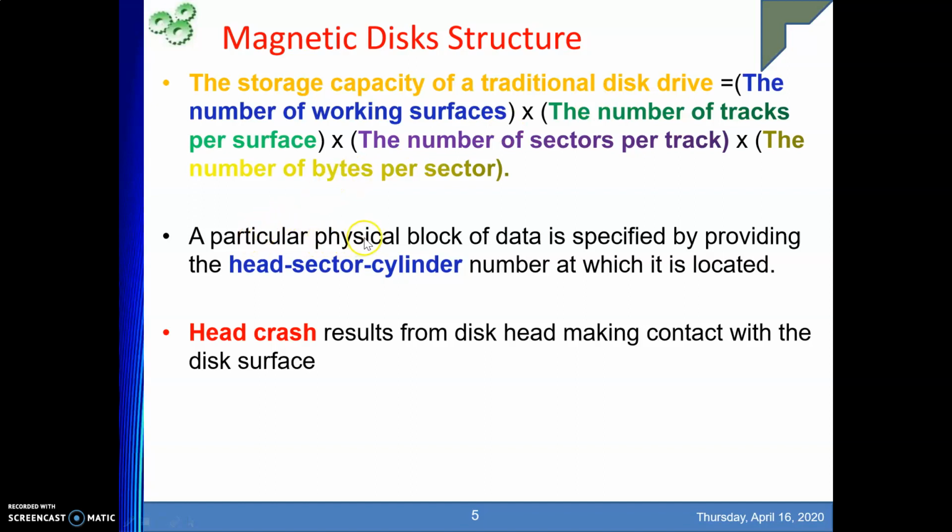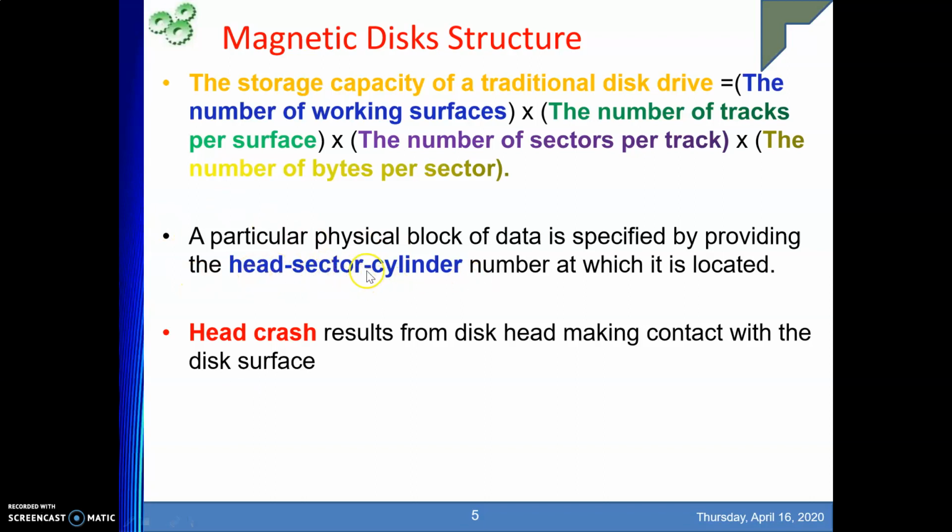A particular physical block of data is specified by providing the head, sector, and cylinder number at which it is located. That means this is the address for a block that we are providing. It is provided through the head, that is, on which particular head it is; then in which particular track it is; and under that track, in which sector the information can be located, right?